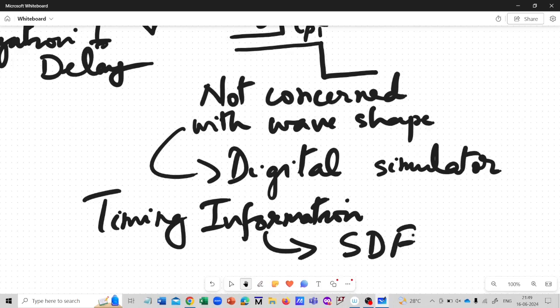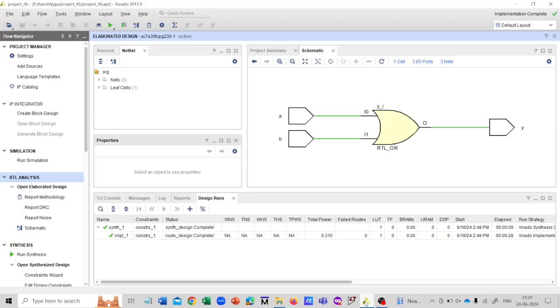So when you are performing the timing simulation of a circuit using a digital simulator, the timing information of each and every gate in the circuit is extracted from the library, basically from the timing information specified in the SDF format. And this information will be used for incorporating the timing information in the simulation. So this is how delays are handled by digital simulators.